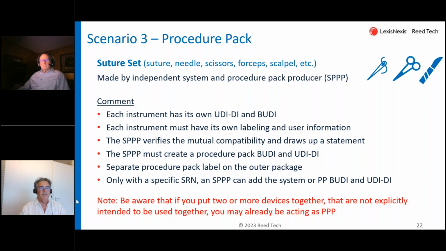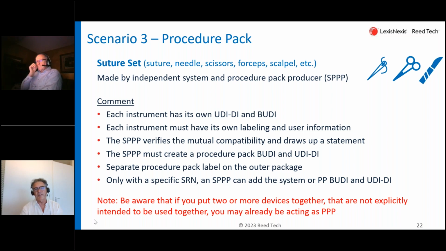Now, at the moment you're a manufacturer and you put two different devices together in a box, you may be creating a system or procedure pack. So that's something to be aware of. If these devices are specifically intended to be used together, they will always be sold together, that's not a procedure pack.